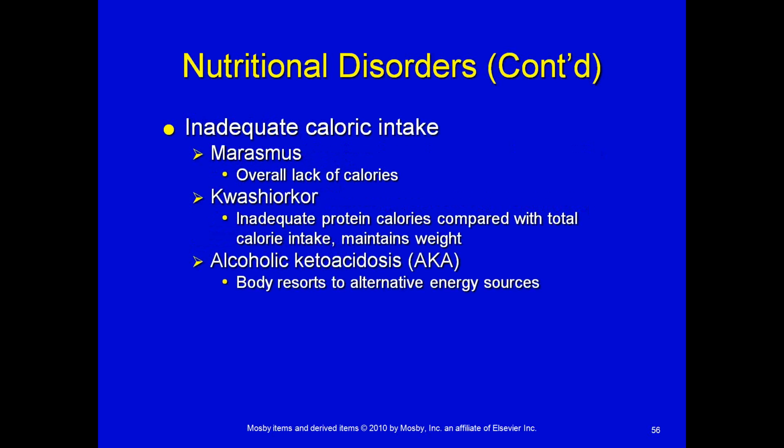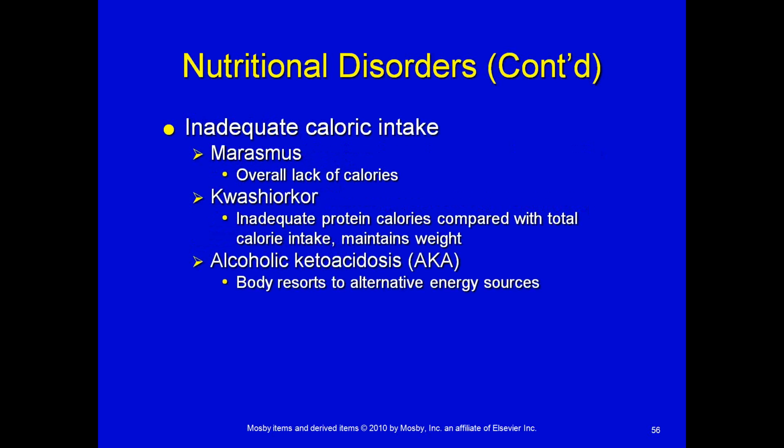Alcoholic ketoacidosis, this is called AKA, and this is where your body resorts to alternative energy sources. And we again see this in alcoholics who often don't eat well. So the body attempts to get the calories from the alcohol consumption. And of course, there's only certain types of calories and certain types of nutrients within alcohol.